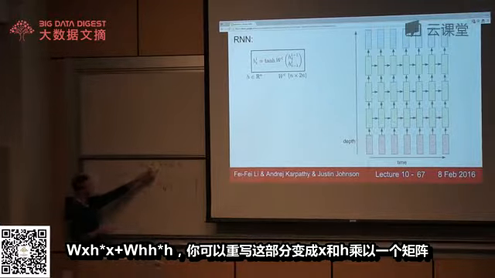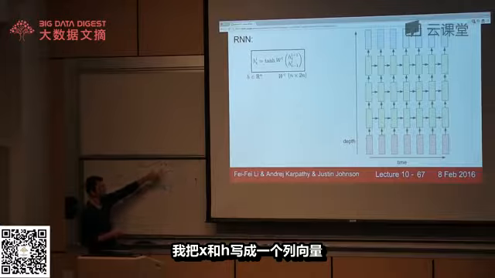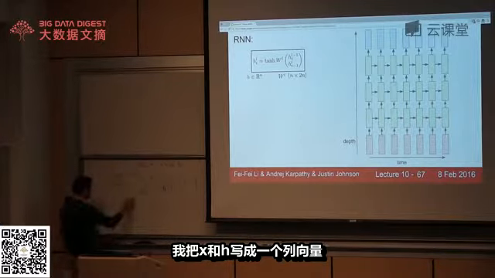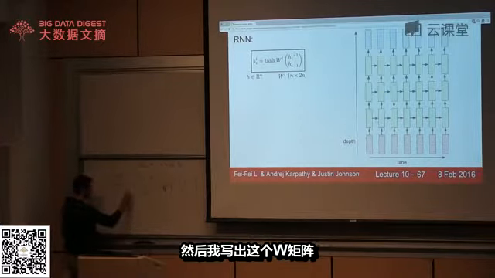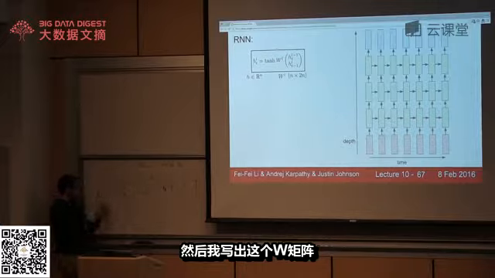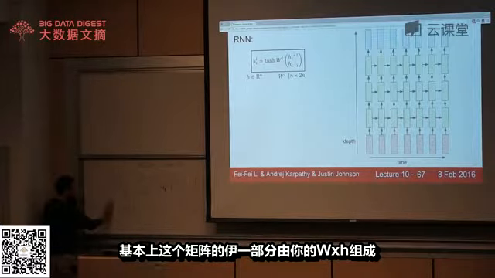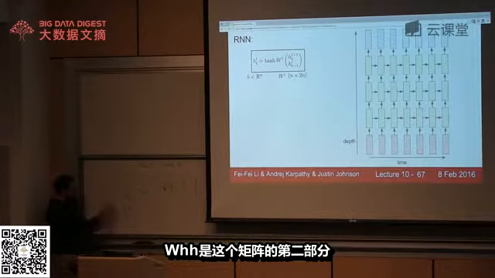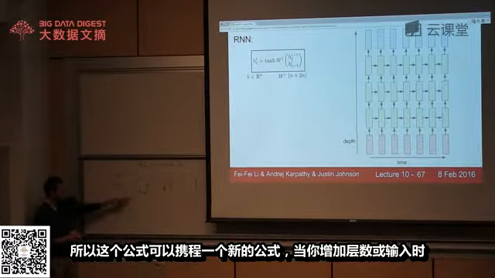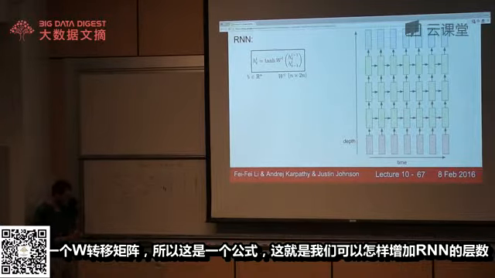You can rewrite this as a concatenation of x and h multiplied by a single matrix. It's as if I stacked x and h into a single column vector, and then I have this W matrix where W_xh is the first part of the matrix and W_hh is the second part. And so this formula can be rewritten where you stack all your inputs and have a single W transformation. So it's the same formula.